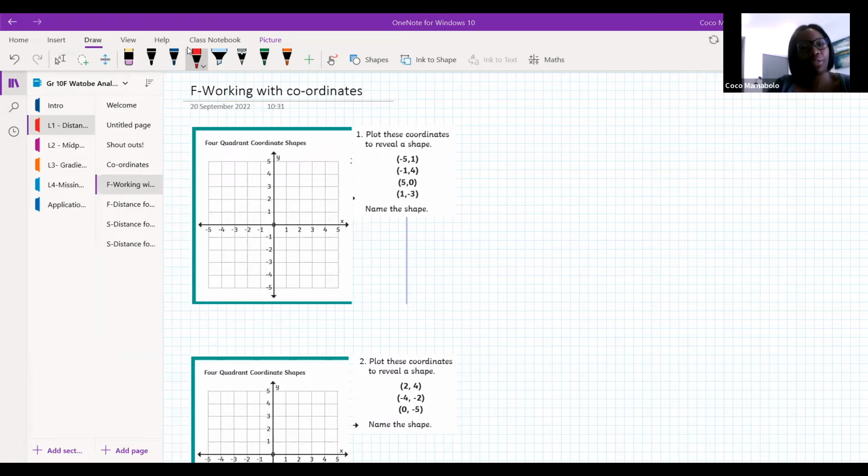If we look at the first one, it might be a rhomboid. Let's see if I've got -5 and 1, and -1 and 4, and then 5 and 0, and 1 and -3.